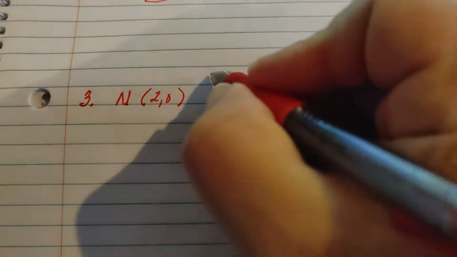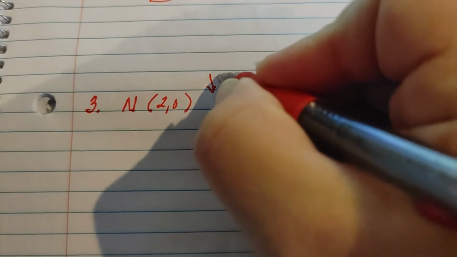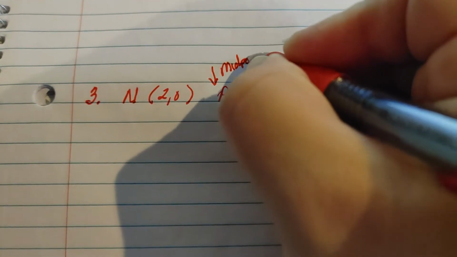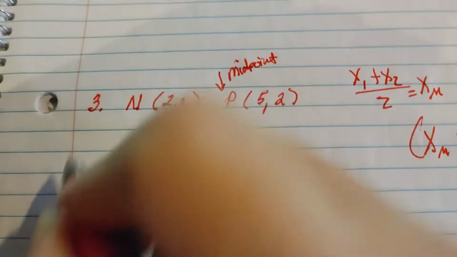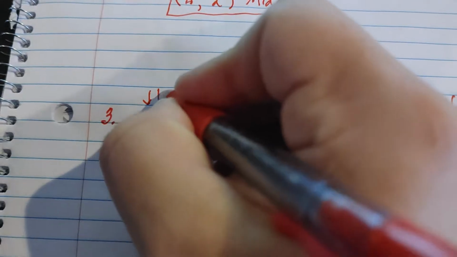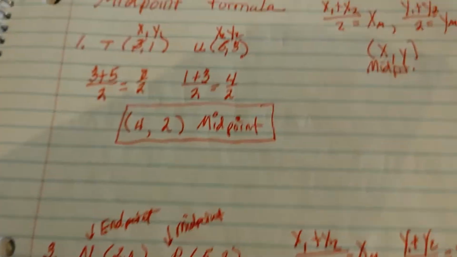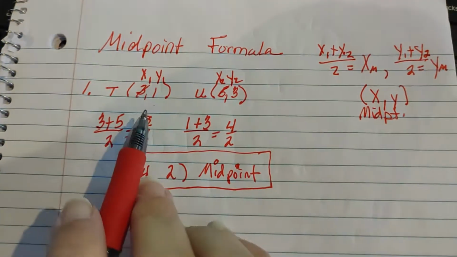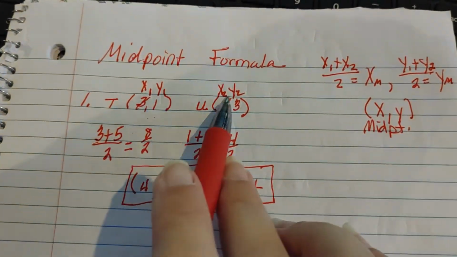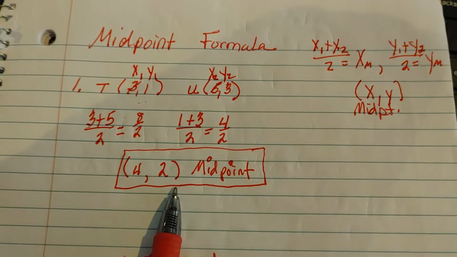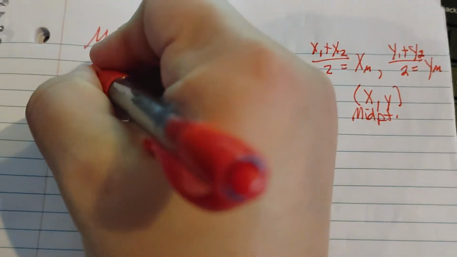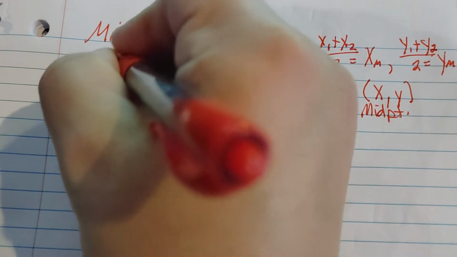Here, however, this is the midpoint. And this is number 3 off your worksheet. This is the end point. Up here, both of these were end points. We were finding the midpoint. So these were both end points.